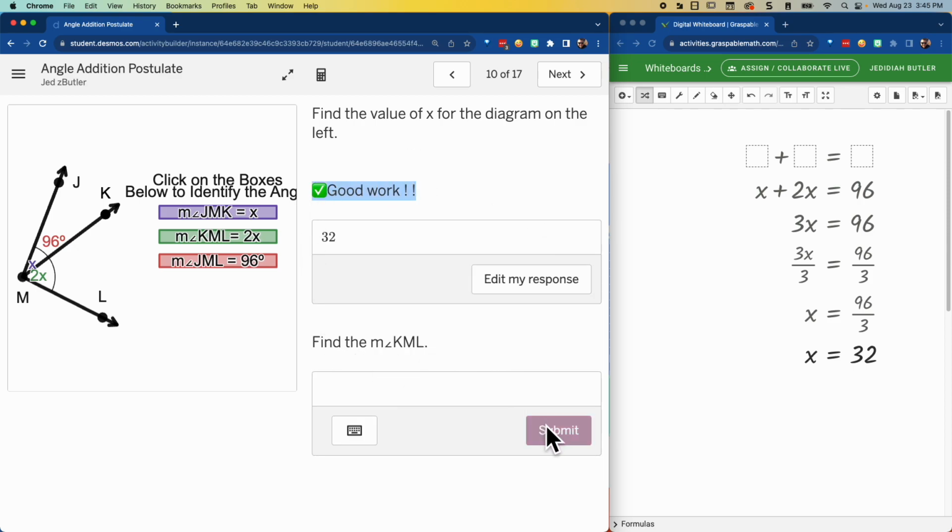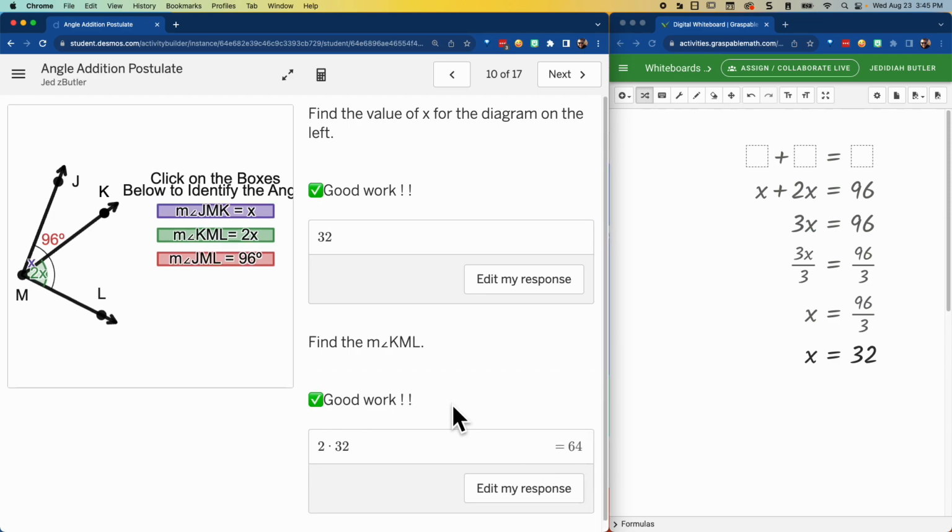Yes, it's working. Now it's asking me to find KML. KML is this one here, the green, and that one is 2x. Well, that's just 2 times the value we found for x, so 2 times 32, or 64. And again, good work. We got it.